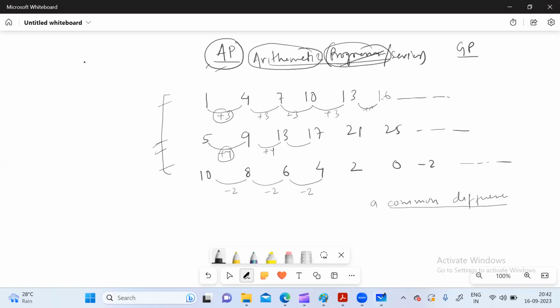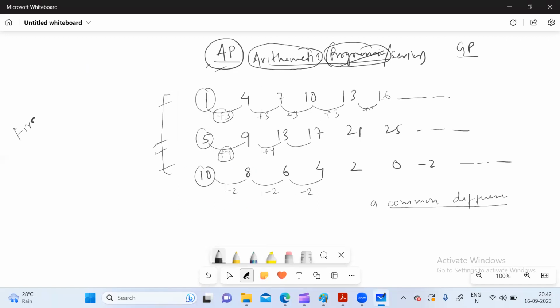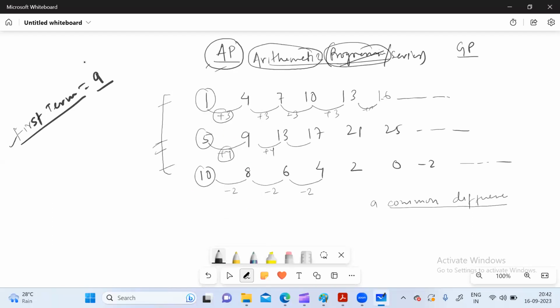So now let's talk about the definition. The first term of all the series we will call the first term, and we will denote it as A. Then the difference is unique for all the series.